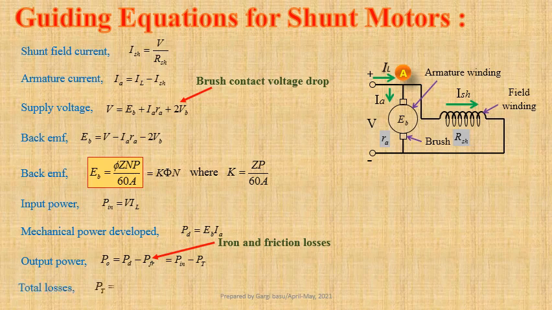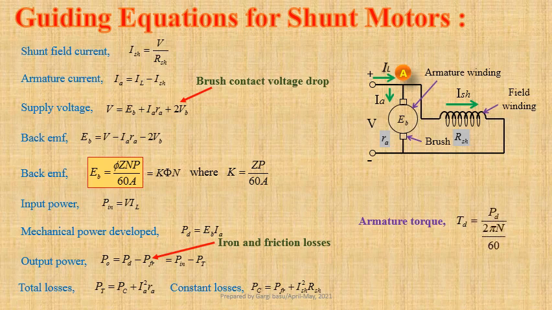PT equals PC plus IA square times RA, where PC is the constant losses. PC equals PFR plus ISH square times RSH. Armature torque TD equals PD divided by 2 pi N by 60.